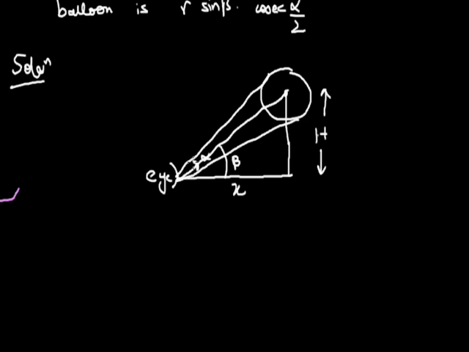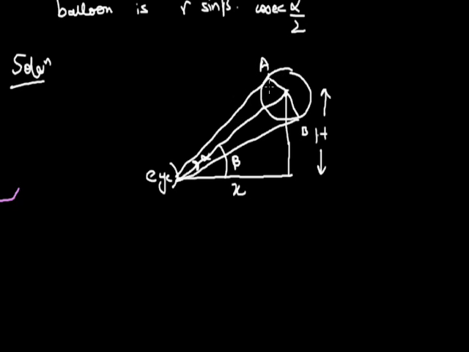As this angle is given as alpha, and this is the center of the balloon, if we drop the perpendicular to both these tangents, at the point A and at the point B of the balloon, these are the tangents at the points A and B, which are actually touching the circle.